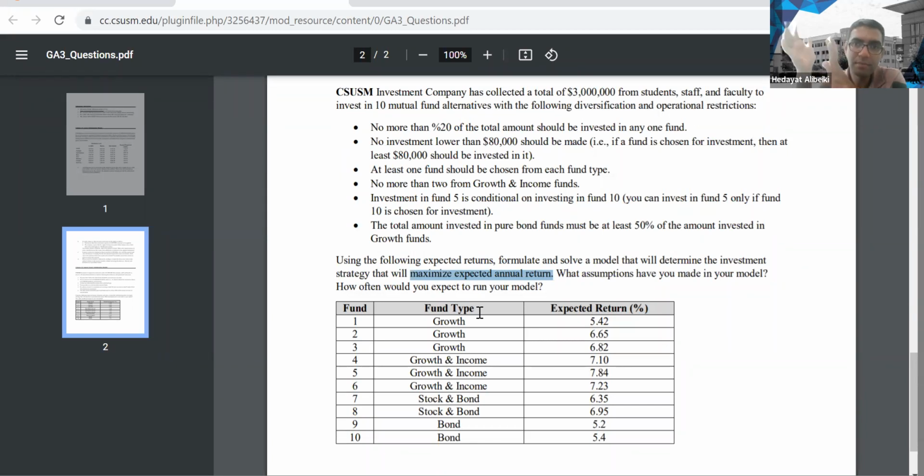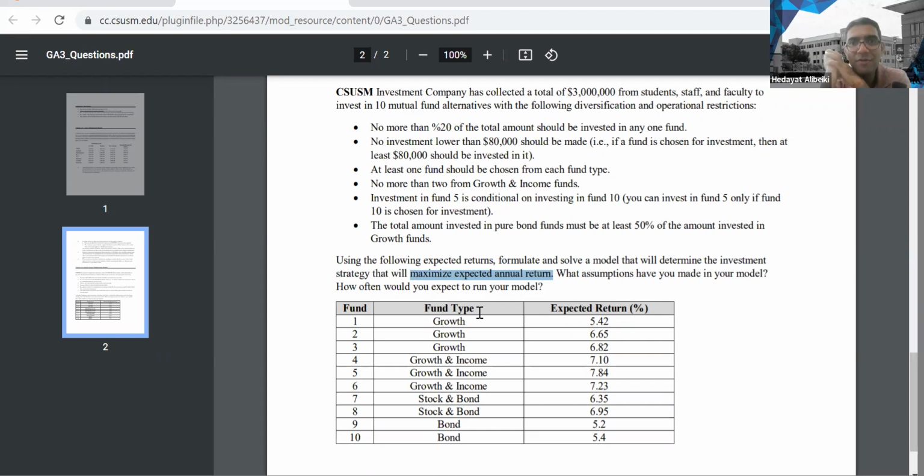You have a lump sum of money, you want to invest it into 10 alternatives. What's your decision? What is it that you're trying to decide about? How much to put in each of these mutual funds.